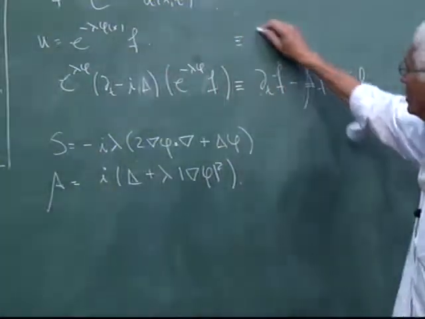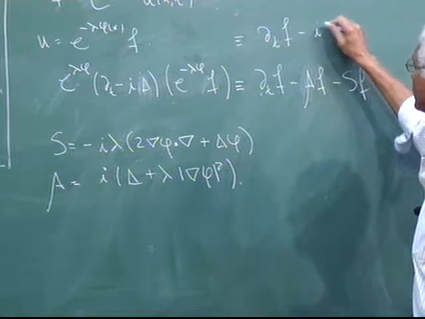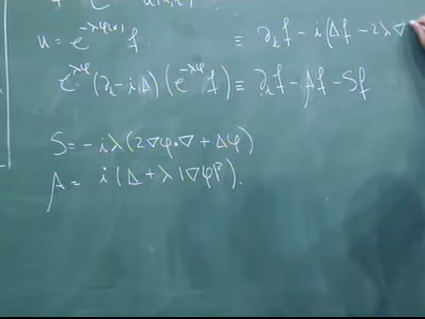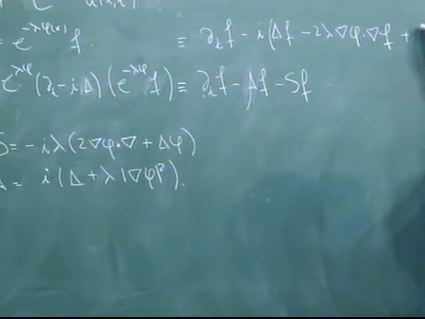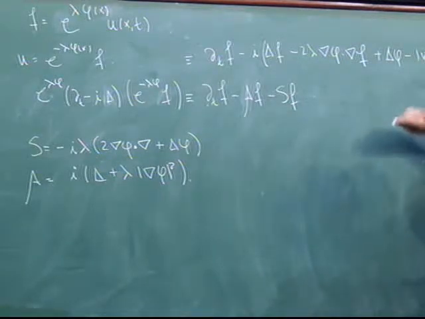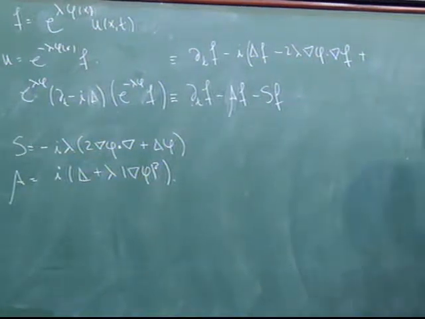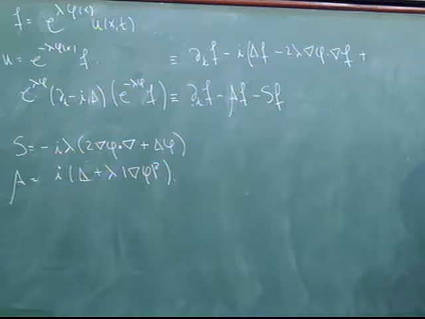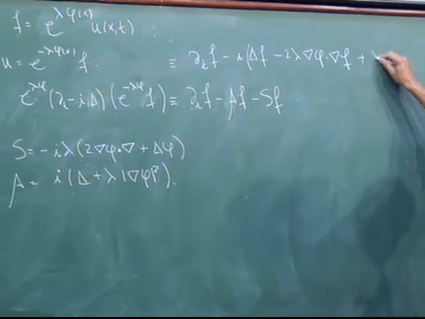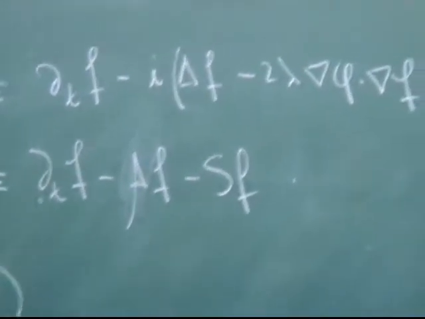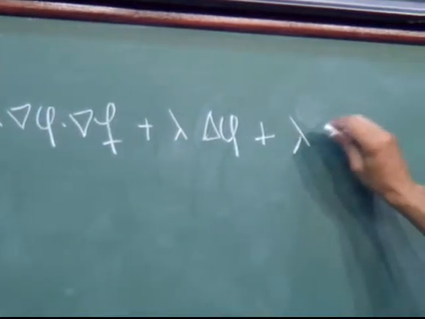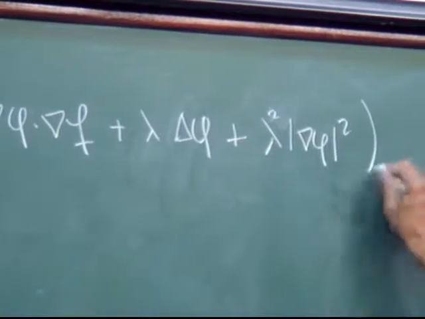If you want, this is the equation: dt of f minus i Laplacian of f minus 2 lambda gradient of phi gradient of f plus, this is minus Laplacian of phi, minus, when you pass, this is going to be lambda Laplacian here plus lambda square, gradient of u square, maybe with a minus.